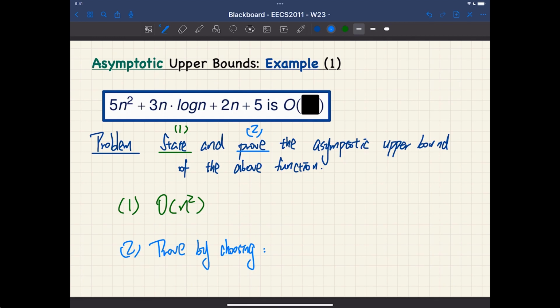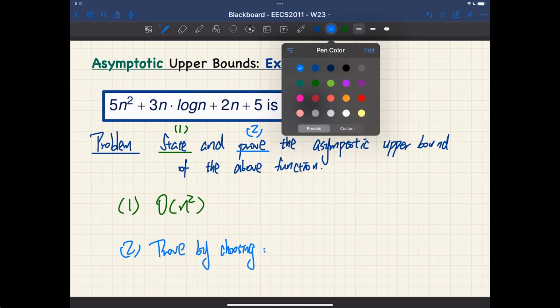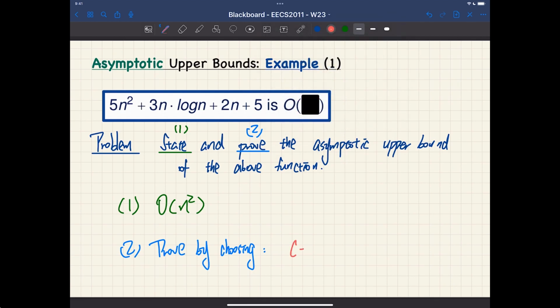So we'll see. Proof by choosing. At least let's choose. What will be the C and what will be the N0? According to the theorem that I showed to you, N0 can put 1 first. What about C? Well, you got to put a multiplicative constant, right? How to do that?